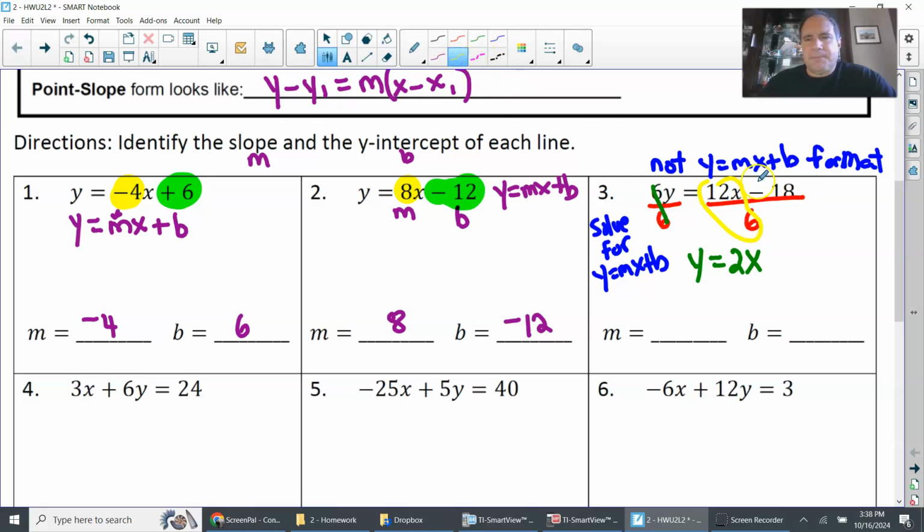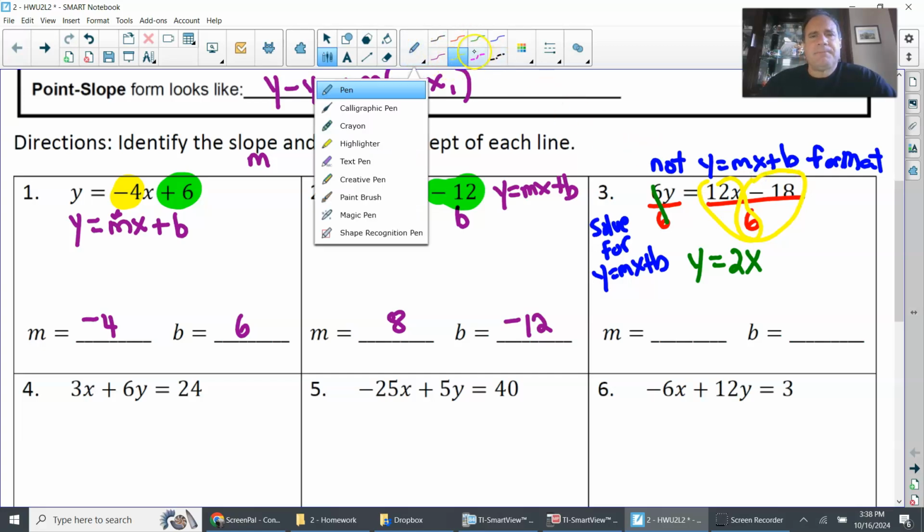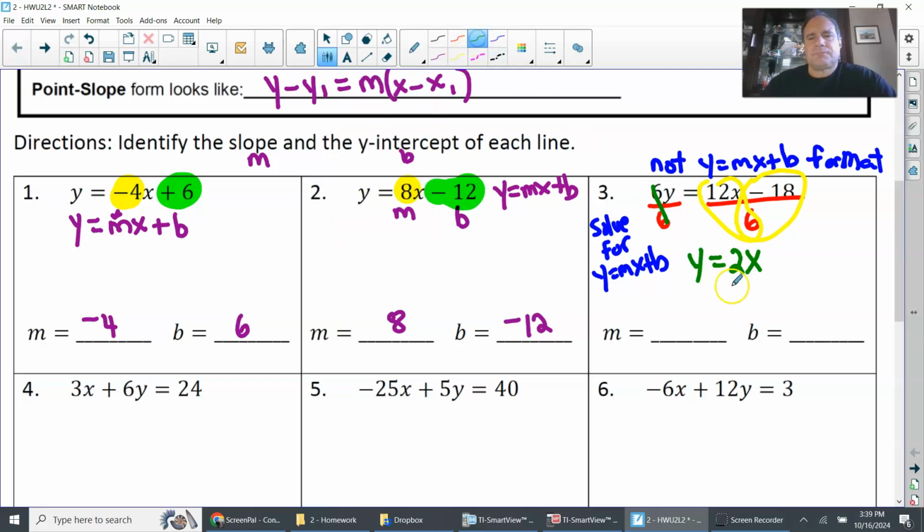Then you have negative 18 divided by 6. How many times does 6 go into 18? Very easy. It's 3. And it's a negative divided by a positive, so it's a negative 3. So this is the equation of the line, y equals 2x minus 3. The slope is 2. The y-intercept is negative 3.